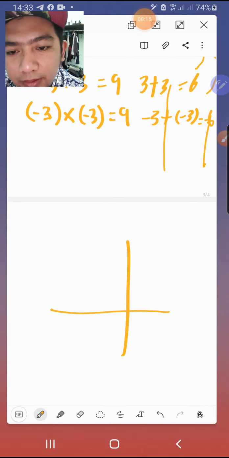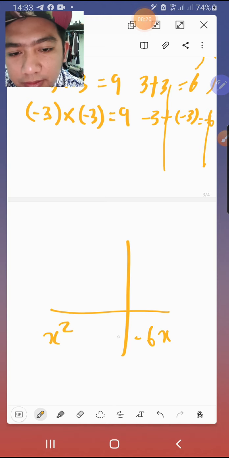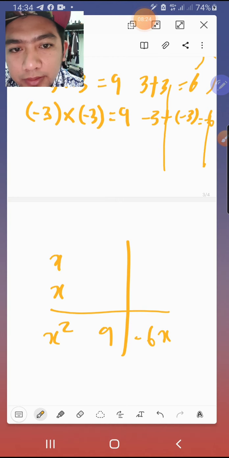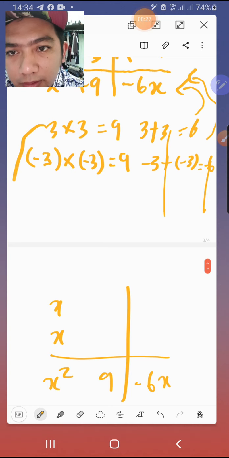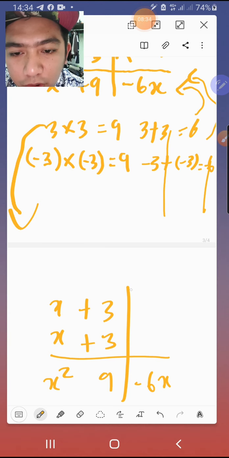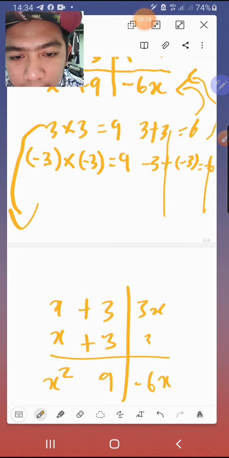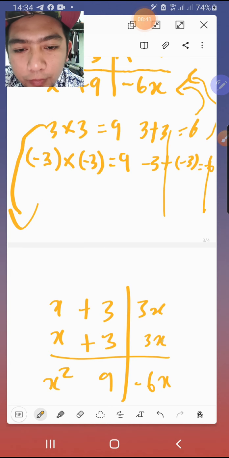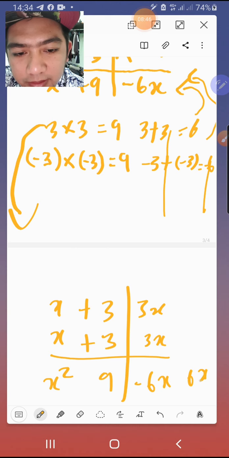Let's say x squared negative 6x plus 9. Let's say we take this one, if we take positive 3, when you do the cross multiplication, 3x, right, so when you add, you will get 6x, not negative 6x.